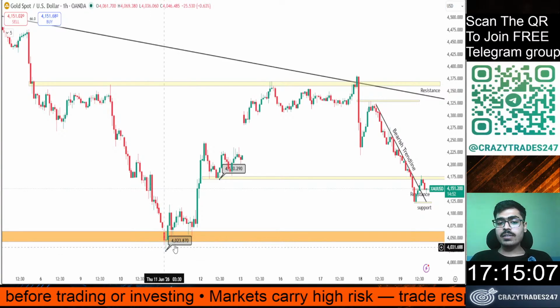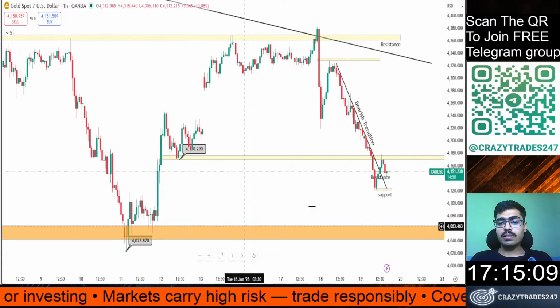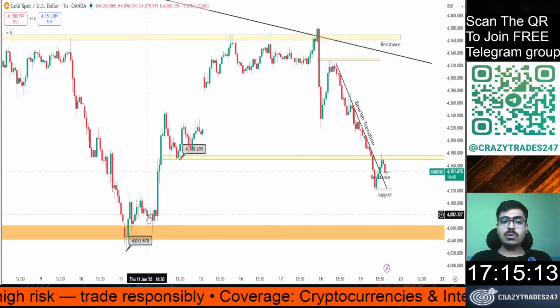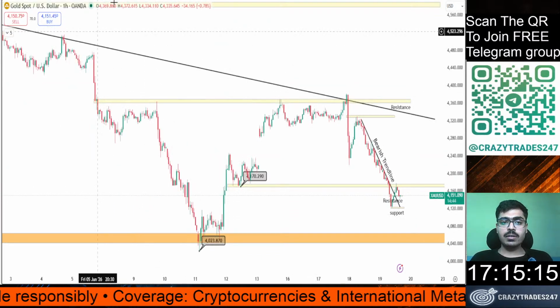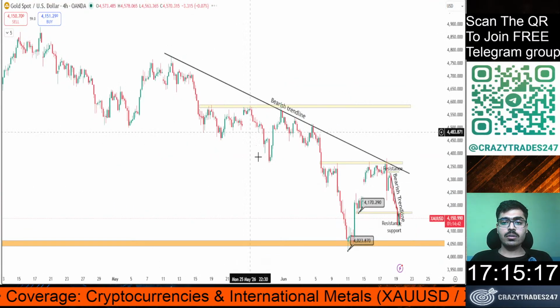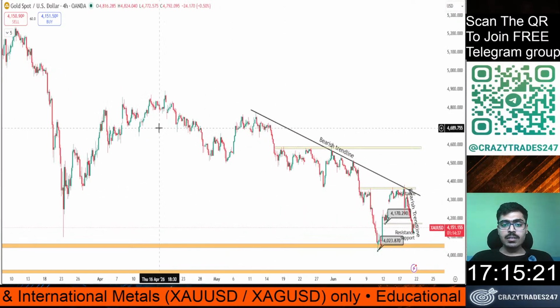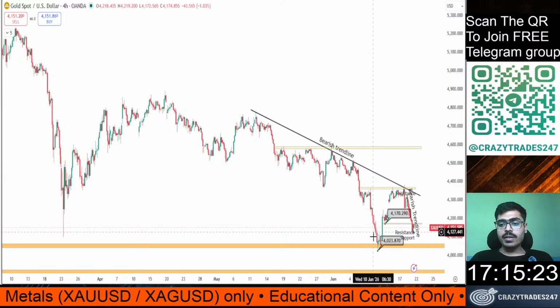If we compare this low and the current low, the current low is obviously higher than the previous low, and the previous low was the lowest point of the downswing that we saw on a higher time frame. This was a downtrend.